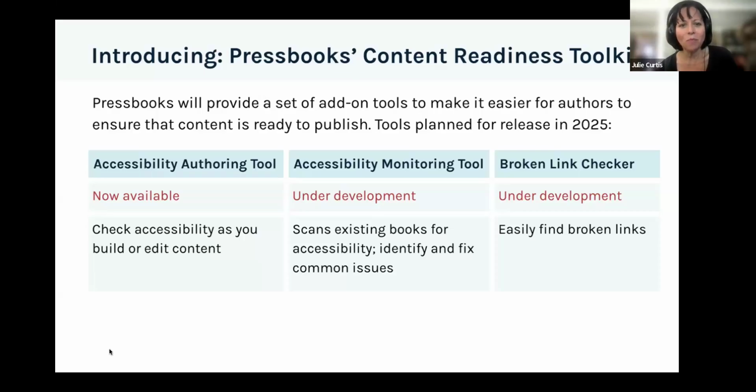So we've done a lot of research and exploration about how to do these things, and made the decision to go ahead and introduce them as a content readiness toolkit. For the two accessibility tools, we did some research around the existing accessibility checker tools and talked to a lot of you about the kinds of things you were working with and what you were finding value in.